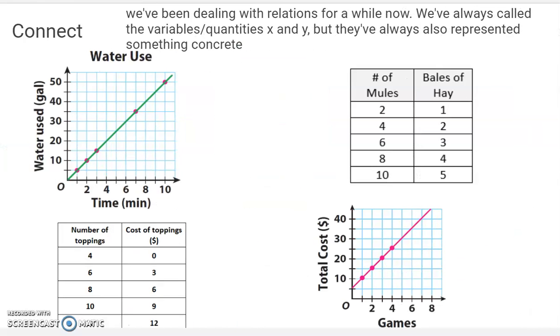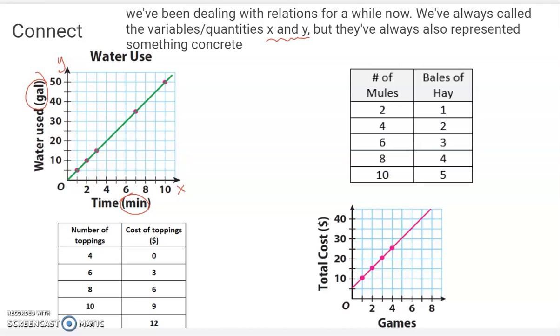So, we've been dealing with relations for quite some time now, and we've always called the quantities x and y, but they've also always kind of represented something that we're looking at, right? Like this relation shows the relationship between gallons and minutes. We've still been calling minutes x because it's on the x-axis, but it's always represented something.